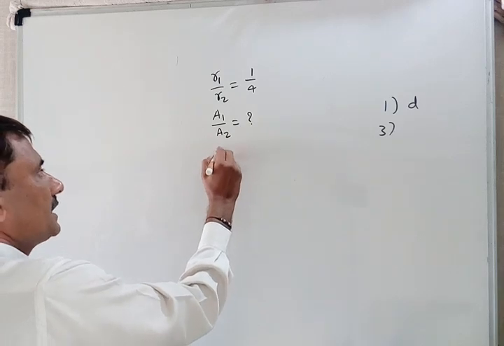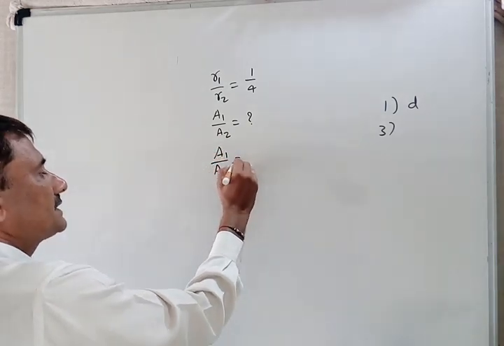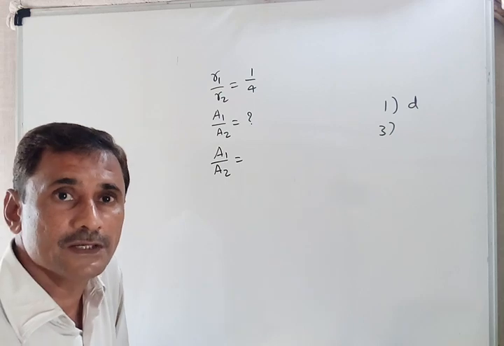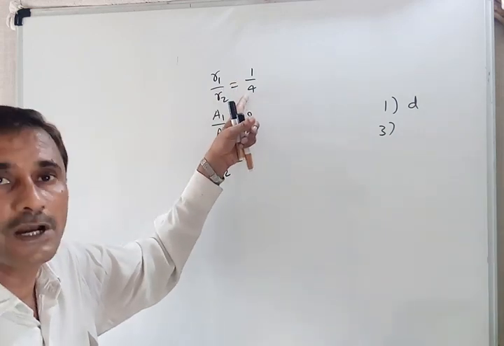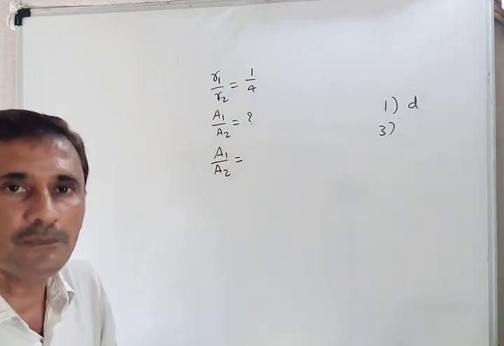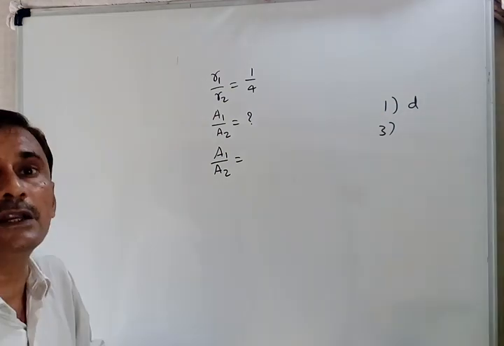So just start this way. They are not asking for the individual value of the radius, because the individual value is not given, so area cannot be found, but the relation between the areas can be found.